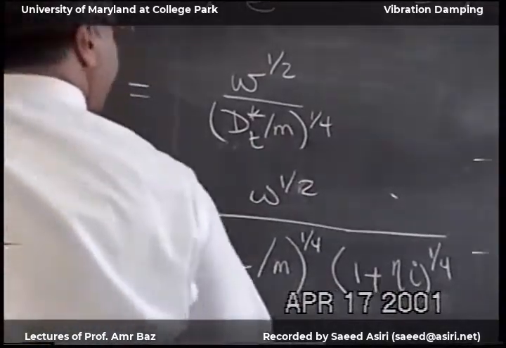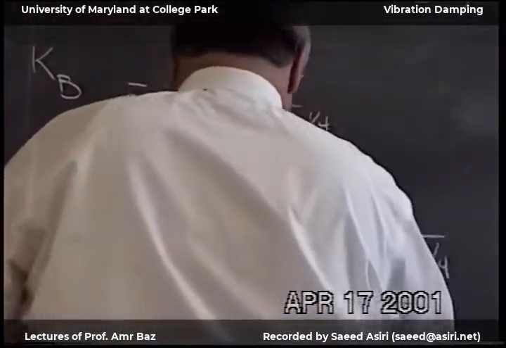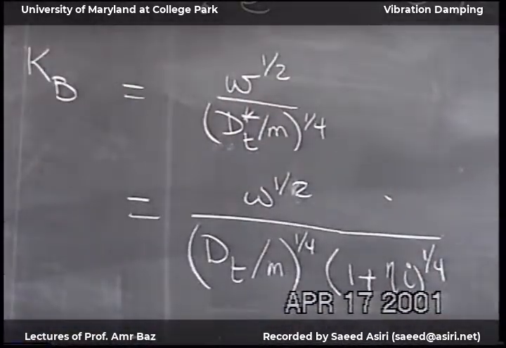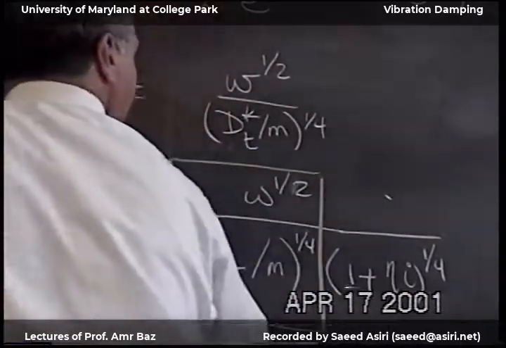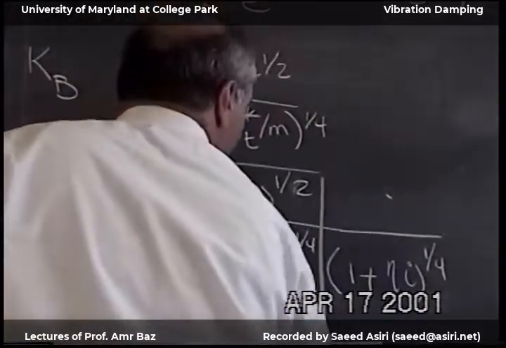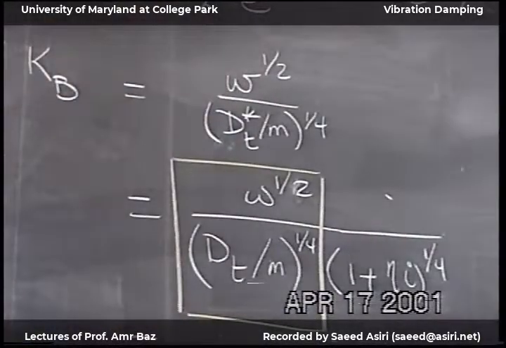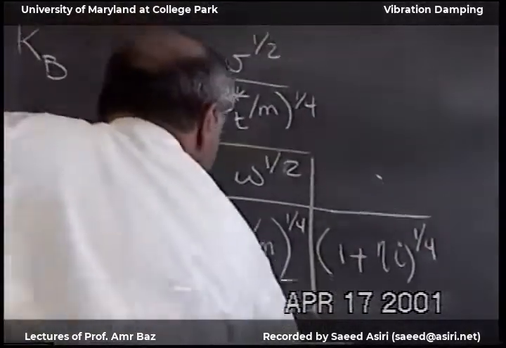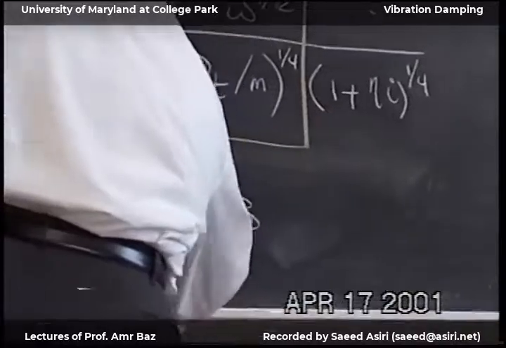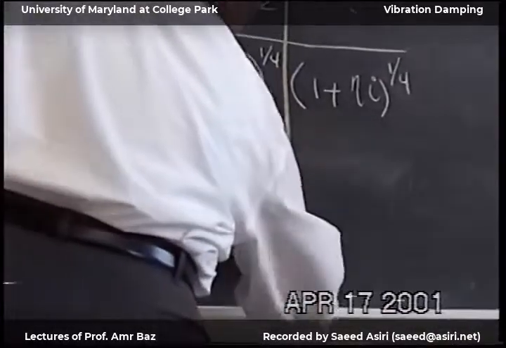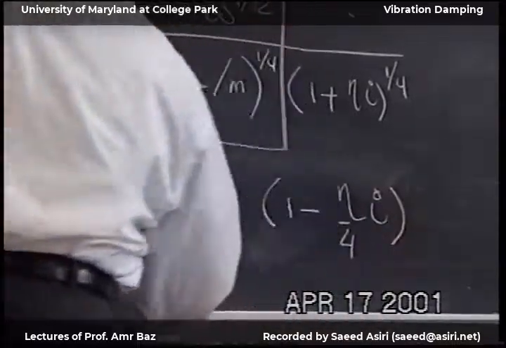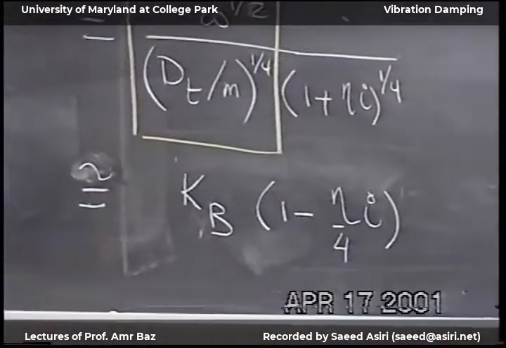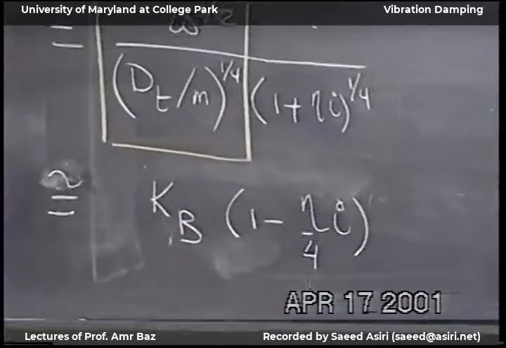And this we can reduce it to this number, the real wave number, multiplied times 1 minus eta over 4 I, approximately.